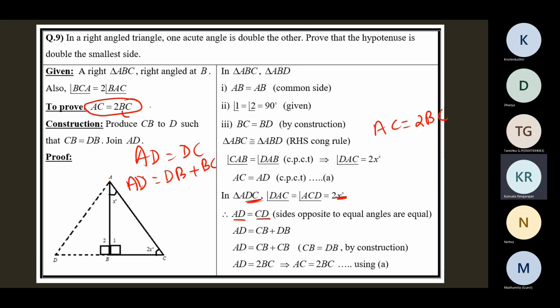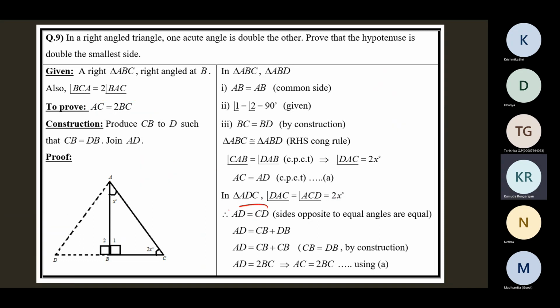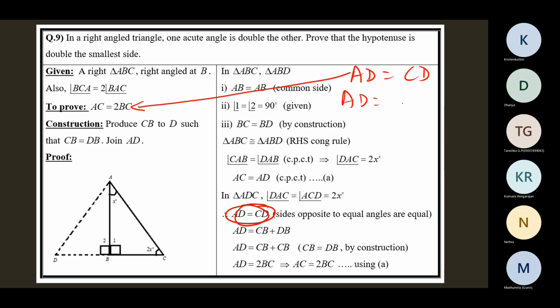We're going towards this result using what? Using AD is equal to CD. Slowly using this, we head towards this result. How? Look at the figure. What is CD? DB plus BC.